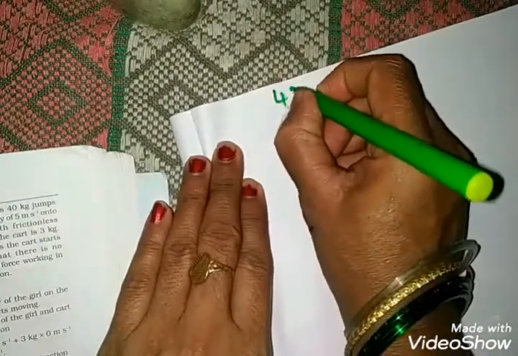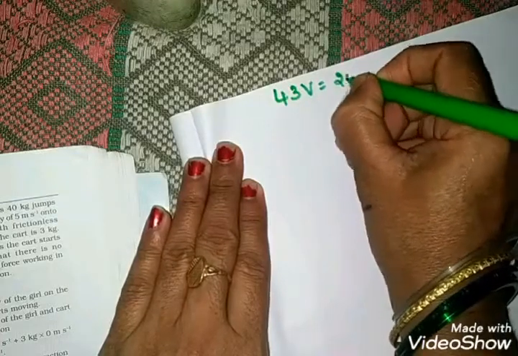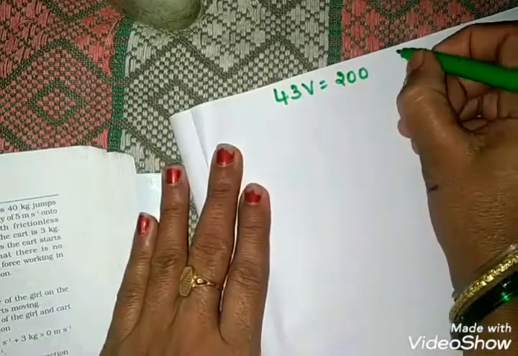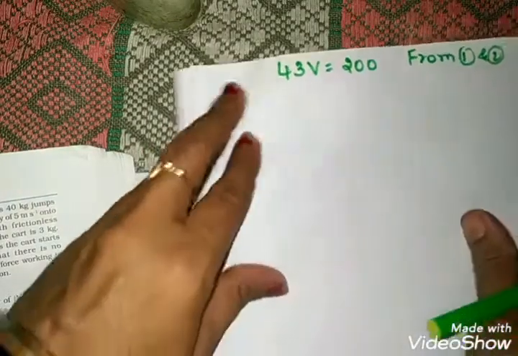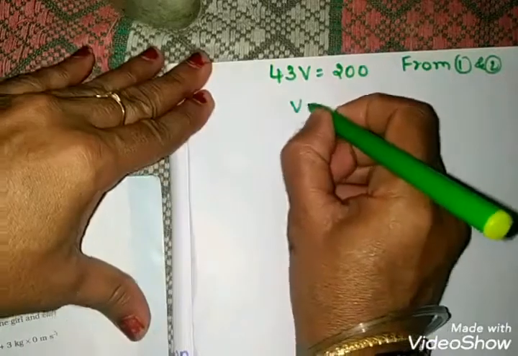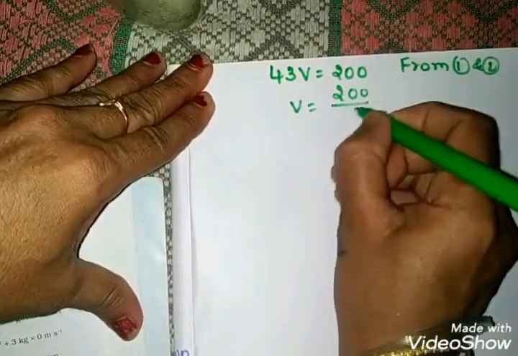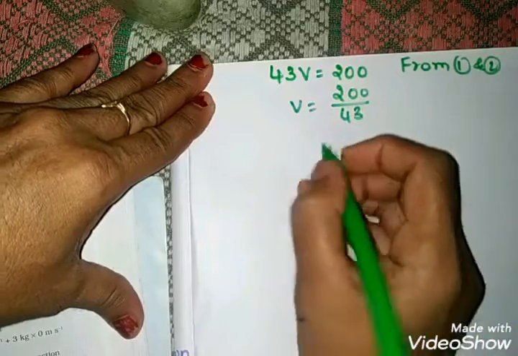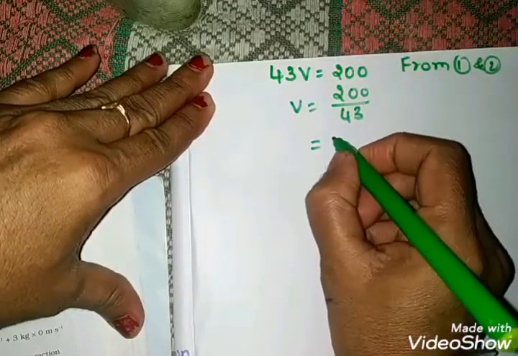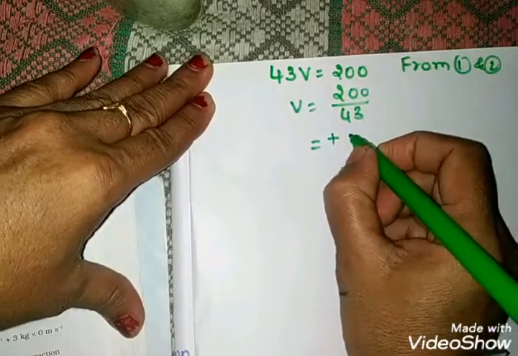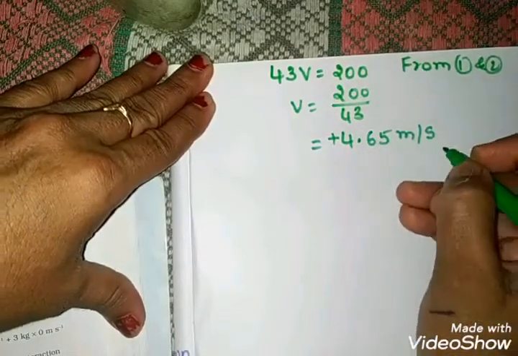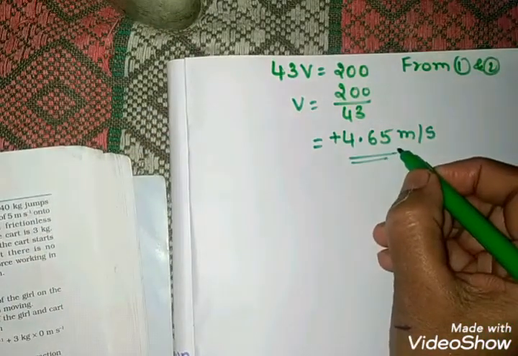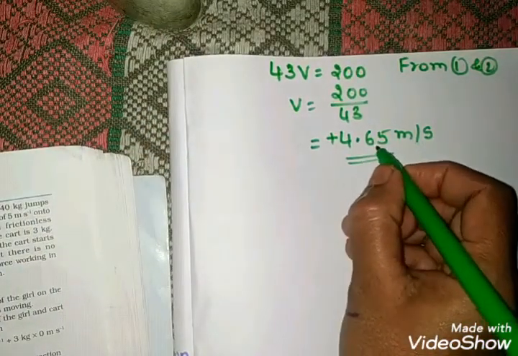Next, let us equate that. 43V is equal to 200. Correct, no? From equation number 1 and 2 we got this. 43V is equal to 200. V is equal to 200 divided by 43. So this will become, obviously it is plus 4.65 meter per second. You can observe, children, 4.65 meter per second.